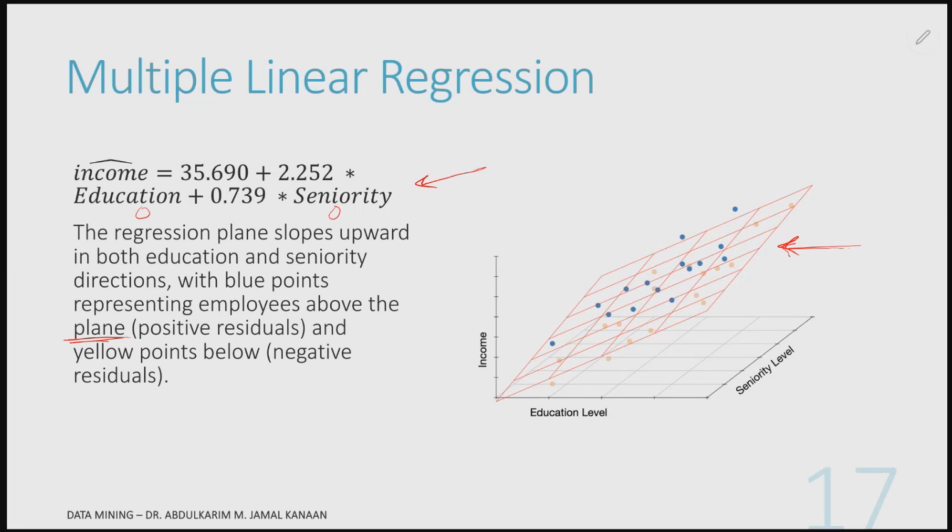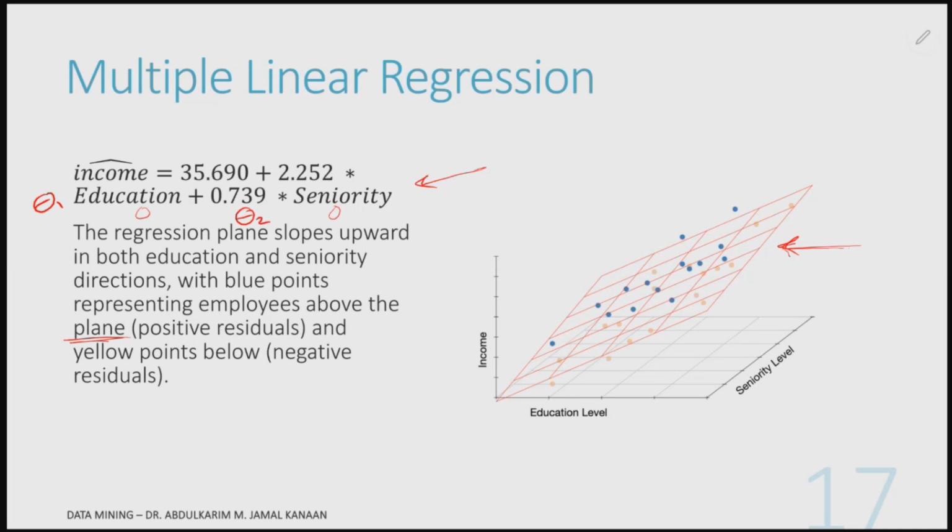If I ask you, you need to interpret it like this: the minimum income is 35.69, considering education and seniority 0. They don't exist. Then for education, for each additional year, the income will be incremented by 2.252. This is theta 1. And then theta 2, same thing.